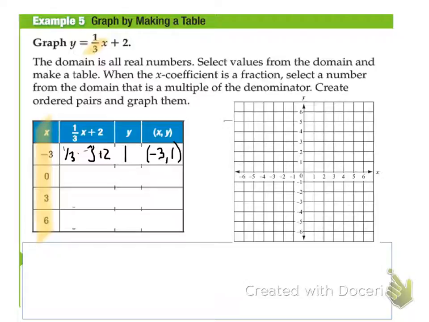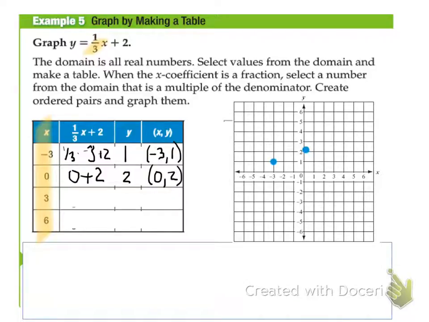Notice the fraction disappeared. We've got a nice, pretty point that we can graph at -3, 1. Let's do the same for 0. 0 times 1/3 is 0. Plus 2 is 2. So we've got an ordered pair of 0, 2. That's going to go at 0, 2.